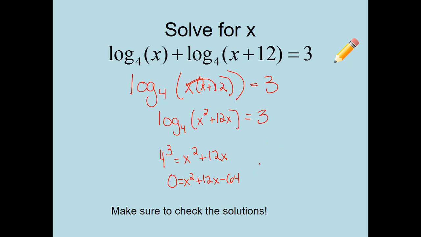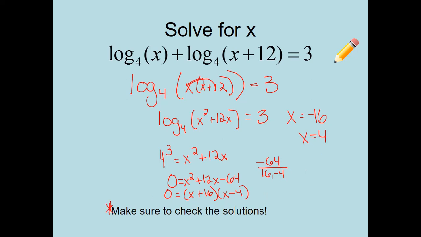Since I'm looking for a negative 64, it looks like it's going to be a positive 16 and a negative 4. So if I factor that, that'll be x plus 16, x minus 4. Notice, guys, since it's a 1 in front of the x squared, I can immediately jump to that fact. So I get my two answers of x equals negative 16 and x equals 4.